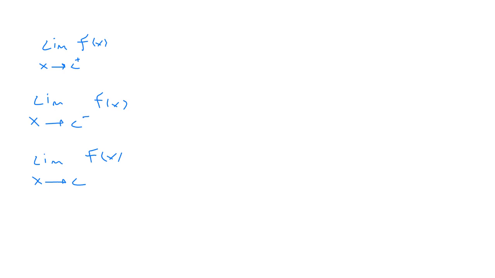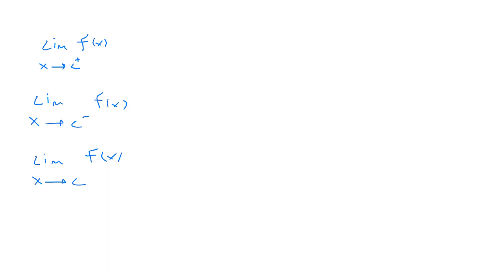This is the one that we learned initially, which in informal terms says, what happens to y if x were to get closer and closer to c from either side? And then the others are the same thing from the left side only, and from the right side only.